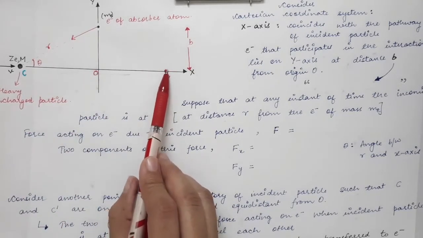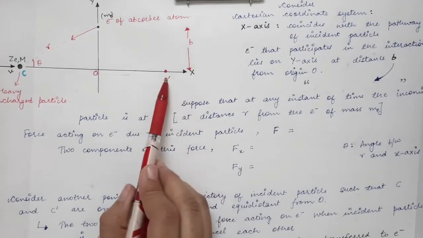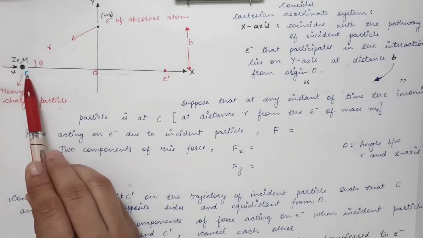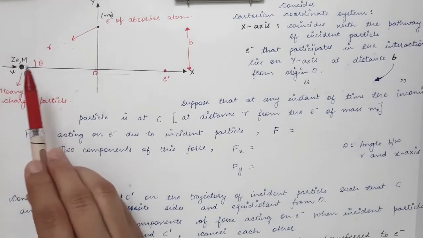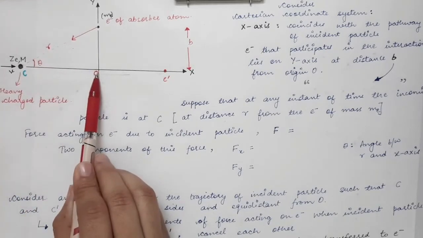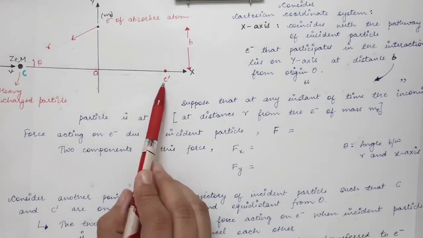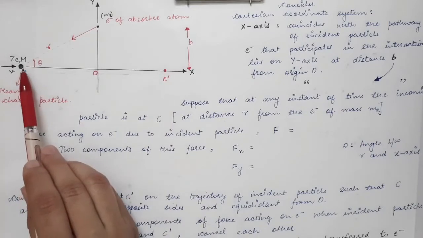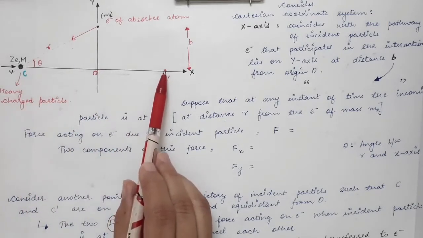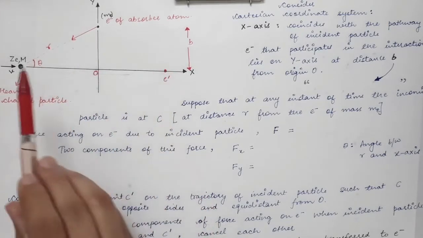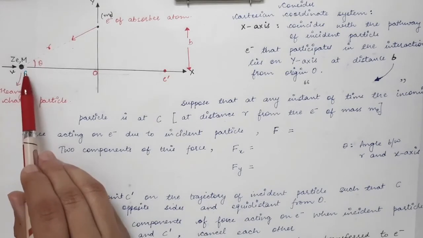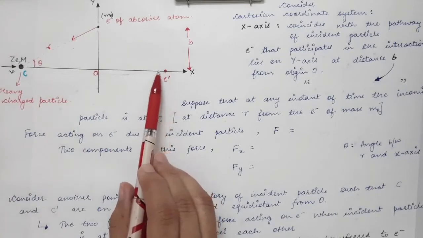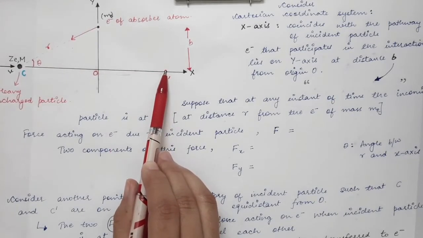This C prime point is on the x-axis and at the same distance from O as the point C. At a particular instant the heavy charged particle is at this point, and as it travels, after some time it will reach this point.